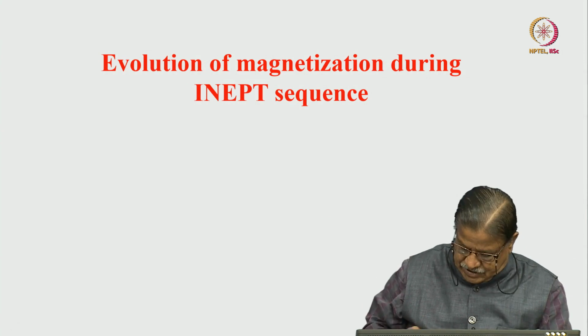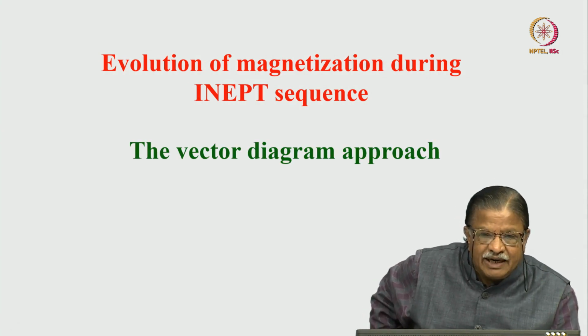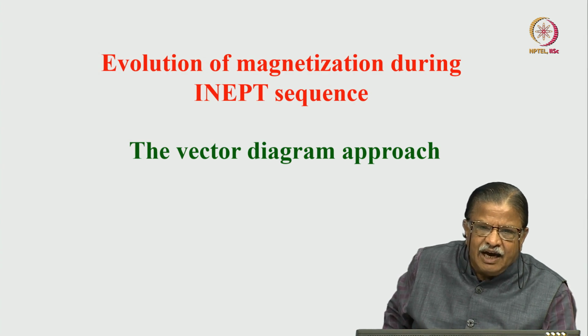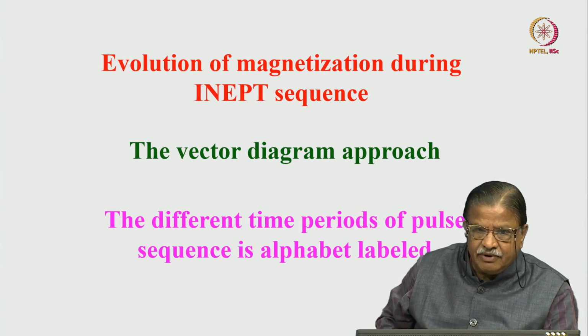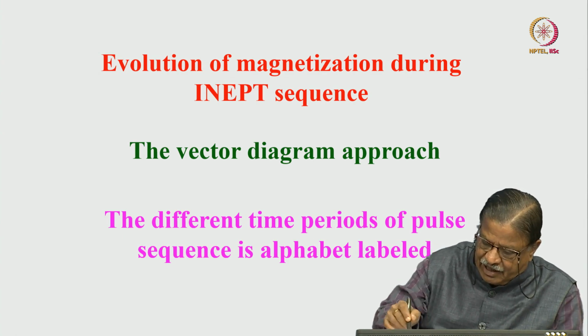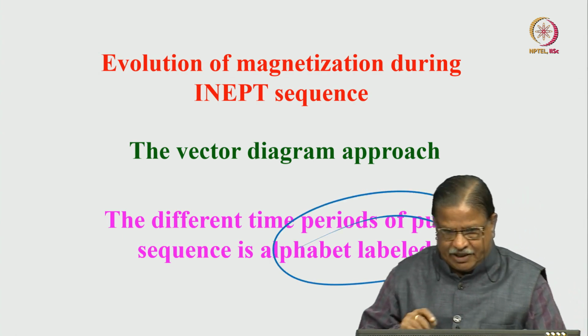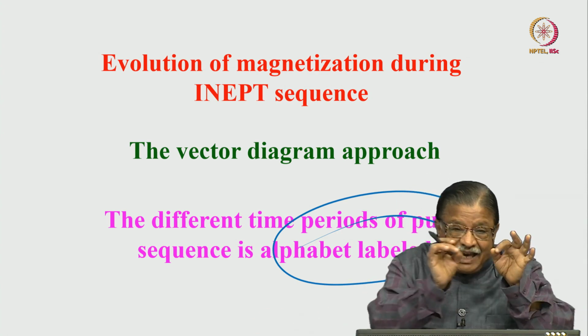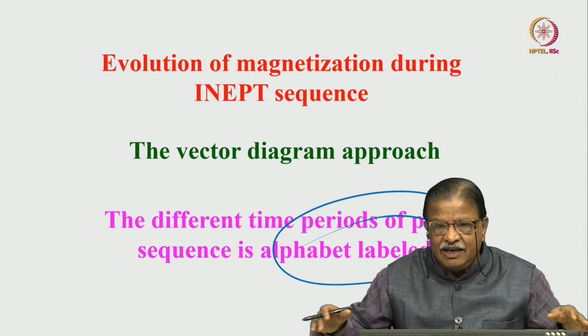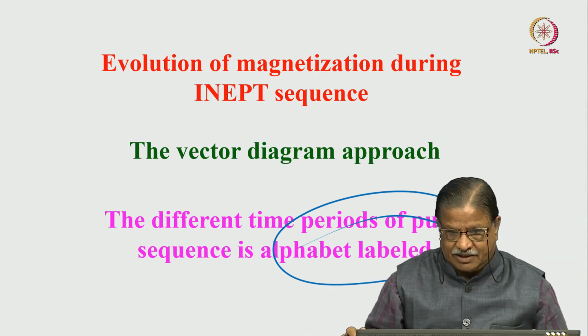During the INEPT sequence, we can understand it by a vector diagram. I will show you, using vectors, how magnetization is going to evolve. The different time periods of the pulse sequence in INEPT we label by the alphabet A, B, C, D, E, and at each of these stages we will visualize diagrammatically what is happening to the spin vectors.